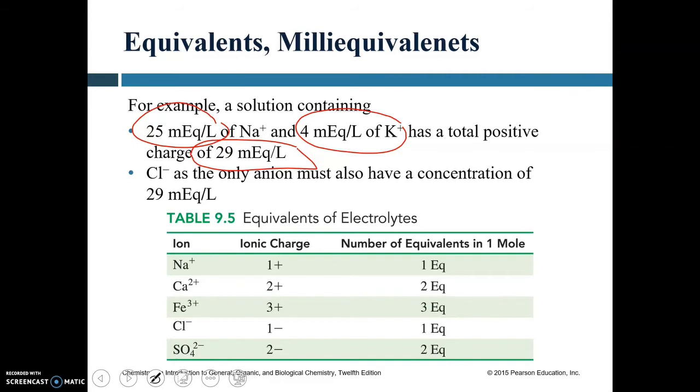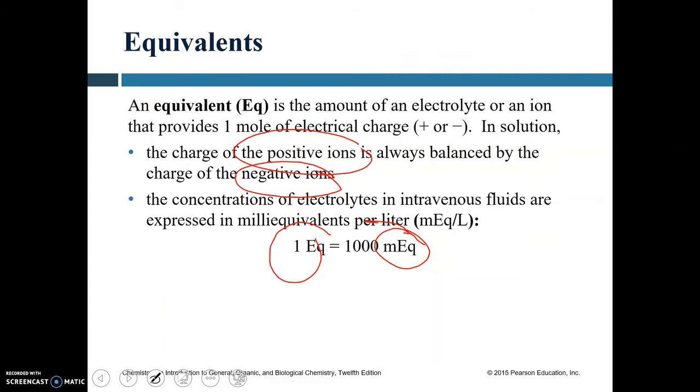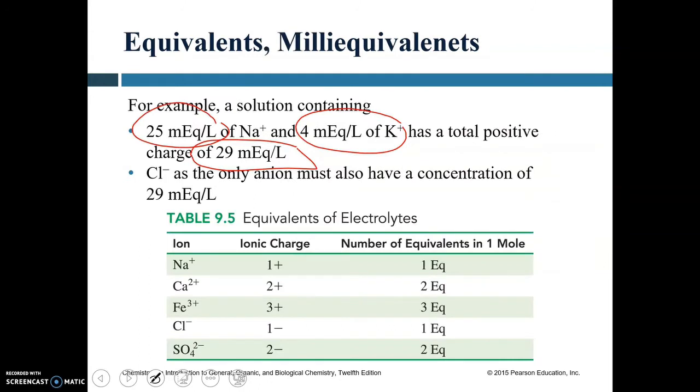Now, we mentioned before that one equivalent delivers 1 mole of electrical charge. Therefore, 1 mole of sodium will be the same as 1 equivalent of sodium. But 1 mole of calcium, since calcium has 2 positive charges, is the same as 2 equivalents of calcium. 1 mole of iron is 3 equivalents of iron, and so on and so forth.